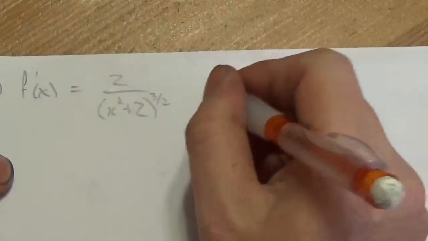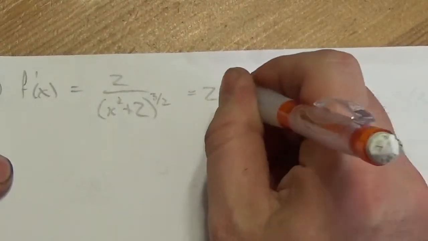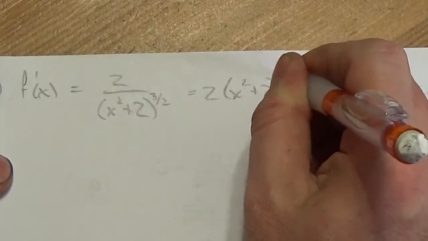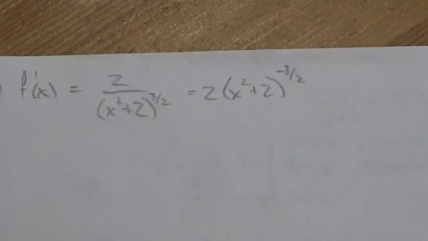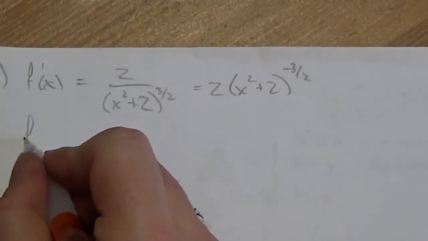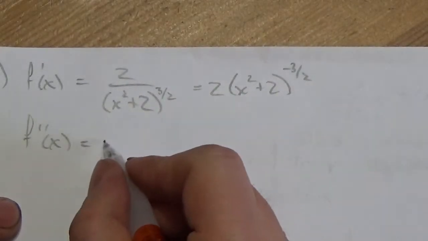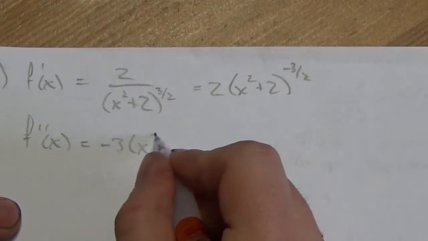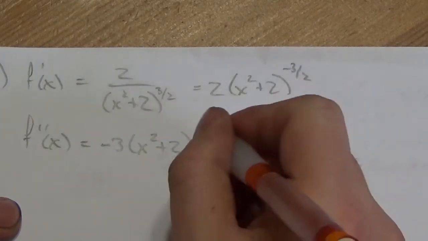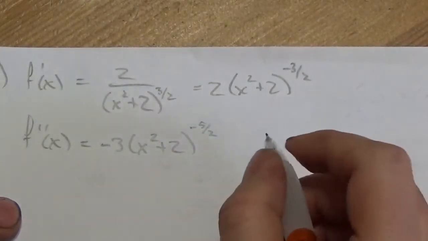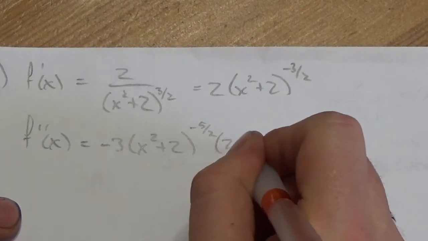And actually, I might write this as 2 multiplied by x squared plus 2 to the negative 3 halves, just because this is going to make the derivative a little easier. My second derivative will now be, multiply through, negative 3 times x squared plus 2 to the negative 5 halves, multiplied by 2x.